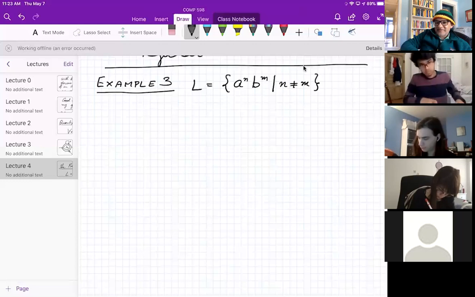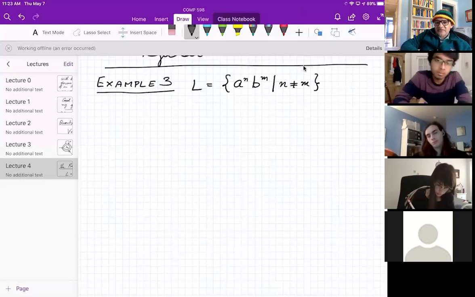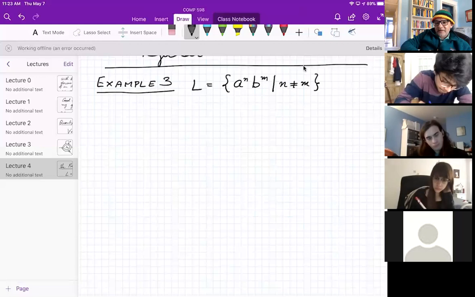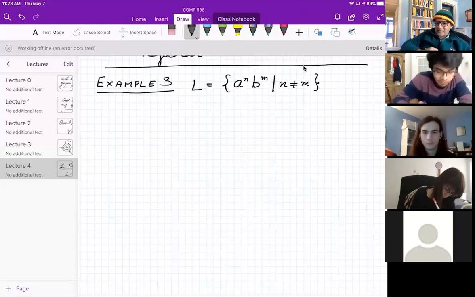This is very similar to the language a to the n, b to the n. Somehow it's the opposite constraint. I want to insist that they're not equal. But to check that two things are not equal also involves counting. I have to count and see that they're not equal. So you should expect this is not possible.